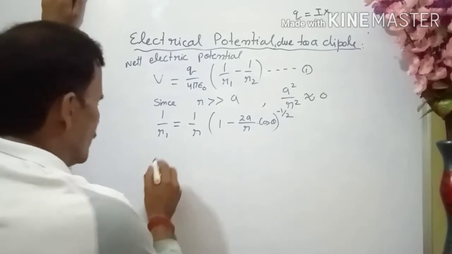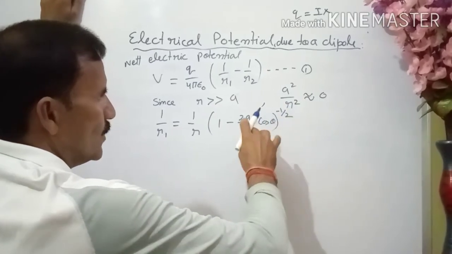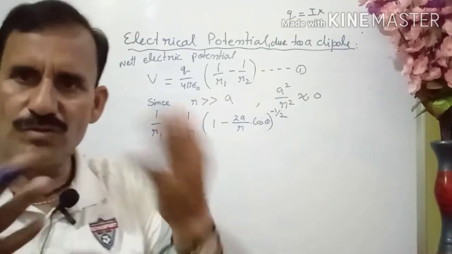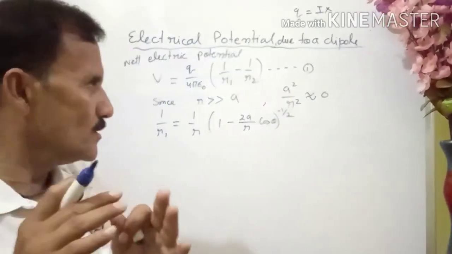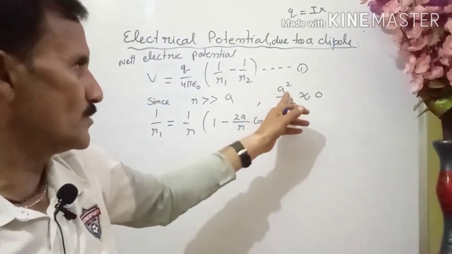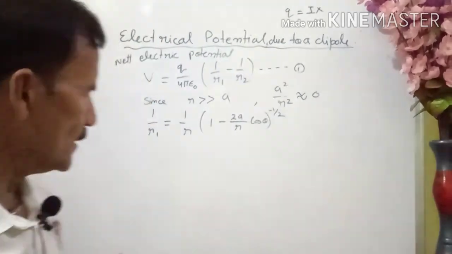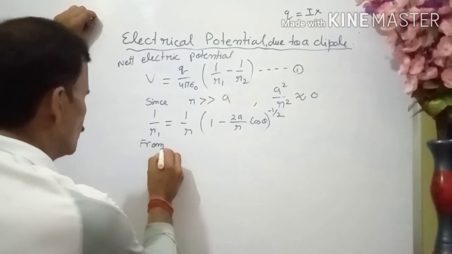Now use the binomial theorem. You will expand it, so higher terms will also come there: a upon r whole square cos square theta, a upon r whole cube. All these terms will be neglected because of that only. Since a is very, very small, from the binomial theorem, only two terms.